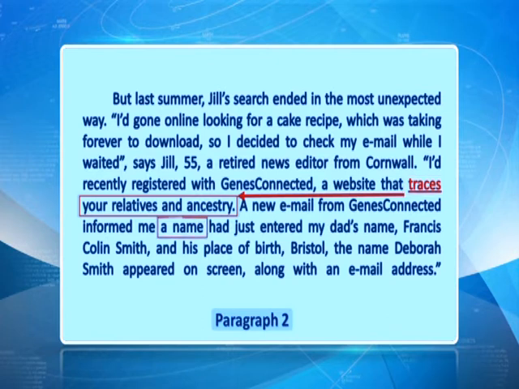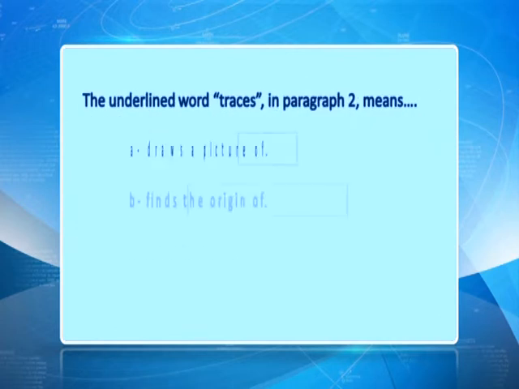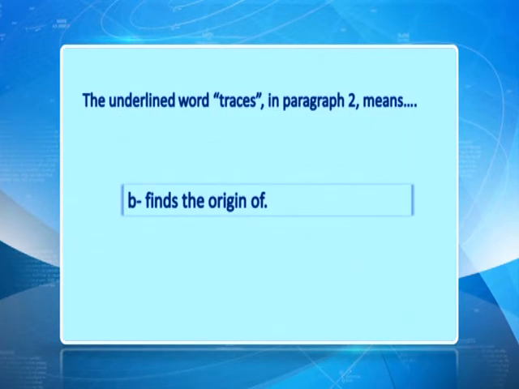A new email from... so someone entered a name, and this person has just entered Jill's father's name. And when the website tracked this person, she sent an email to inform Jill. So this is an example of tracing. So tracing means try to find the origin of.